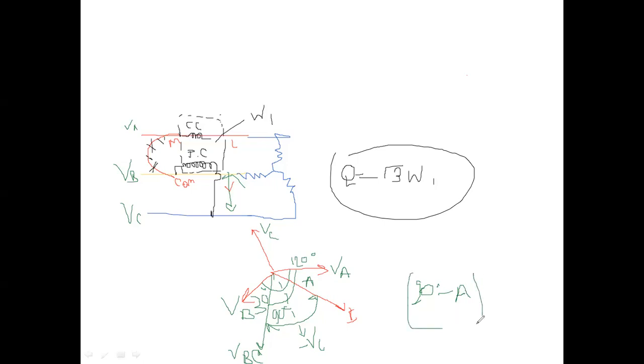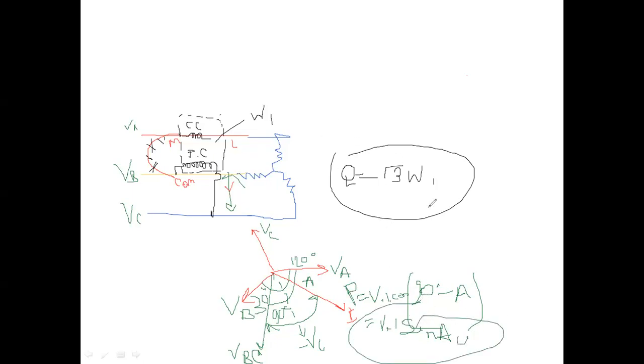So the reading is V into I into cos(90 degrees minus A), which means V into I sine theta, and sine theta means sine A here. This angle is A. So this is the reactive power.